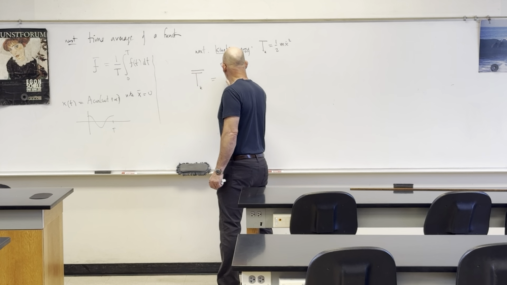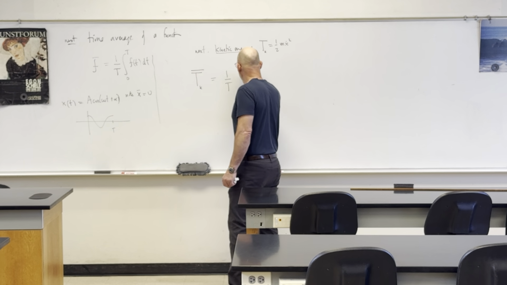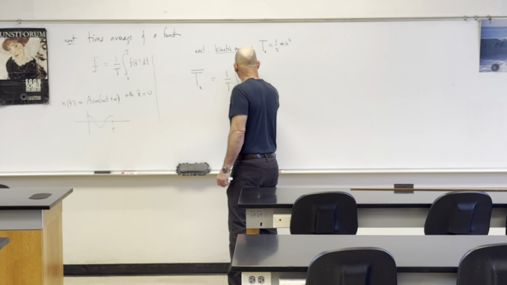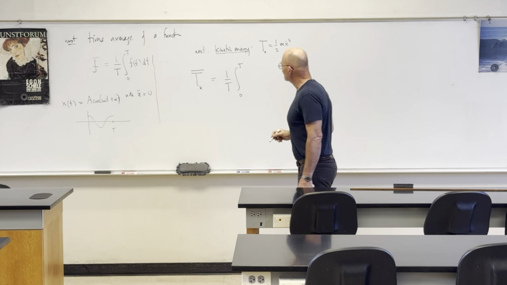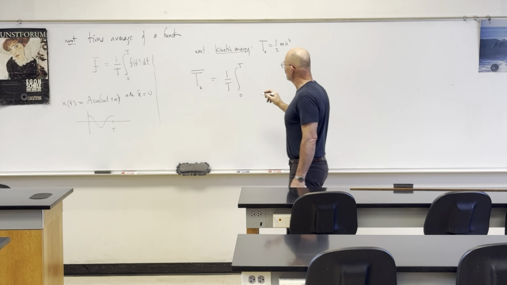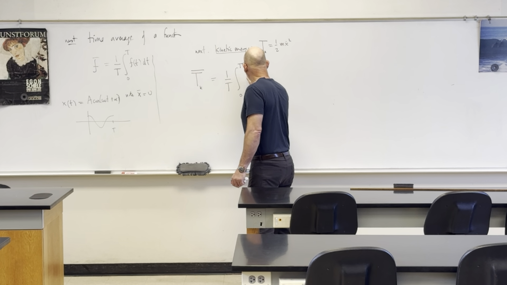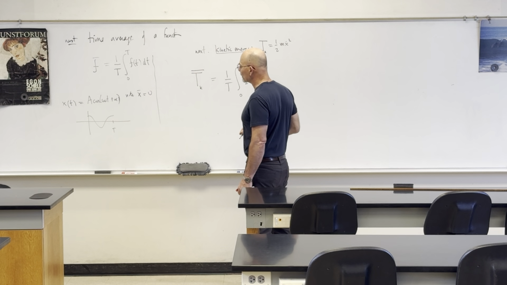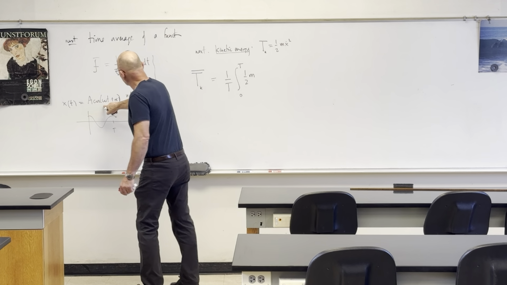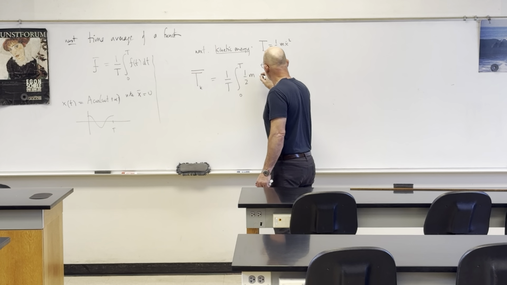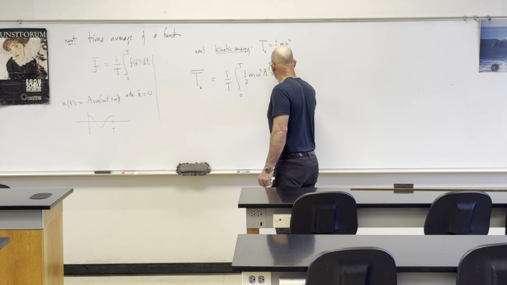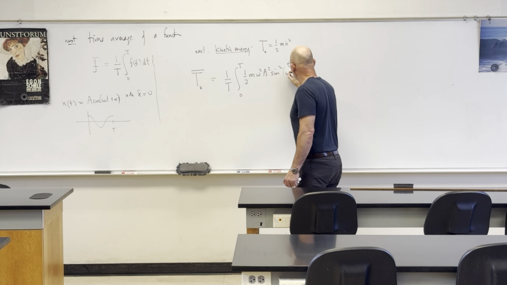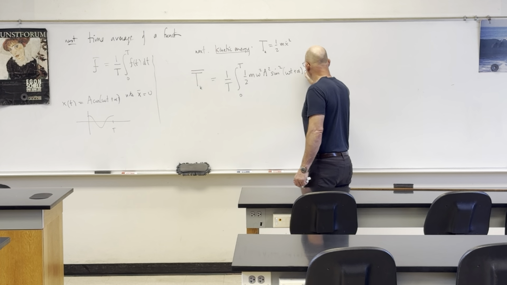And that will be 1 over the period, integral from 0 to the period, of 1/2 m x dot squared, but we already know what this x dot is, and we're going to square it: omega squared, A squared, sine squared of omega t plus alpha, dt.